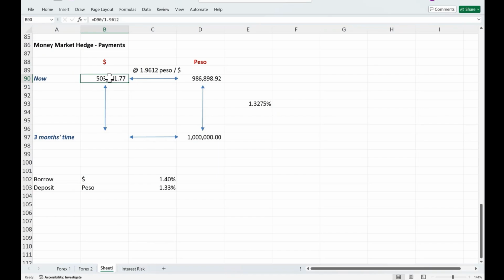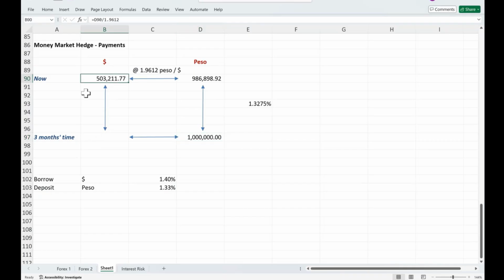After 3 months, I borrow this much money today in my local currency. I convert immediately into peso today, and deposit into a peso account today. After 3 months, this plus the interest will be equal to 1 million. I withdraw and pay my supplier.